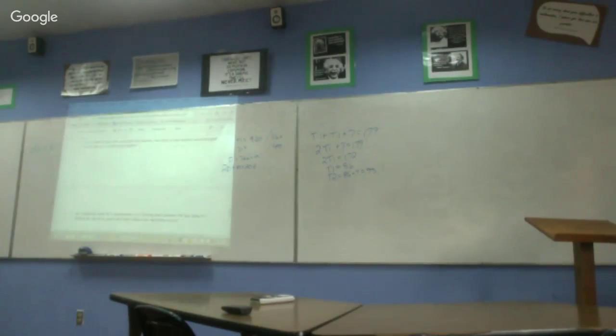Rate times time plus current times time, 36 equals. That's actually super simple and easy. Rate is 16. I found it. You did very good.